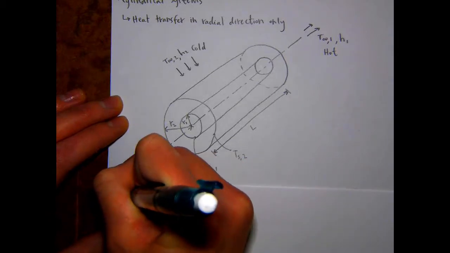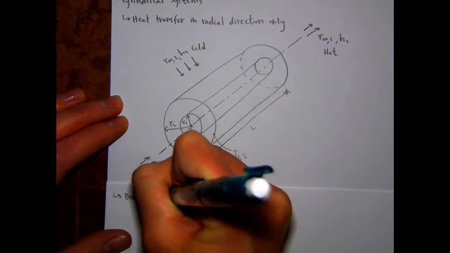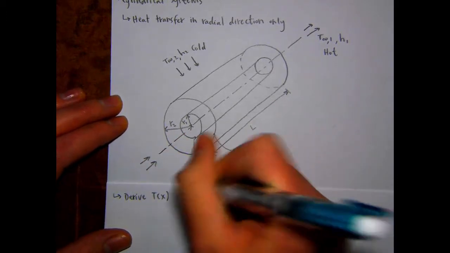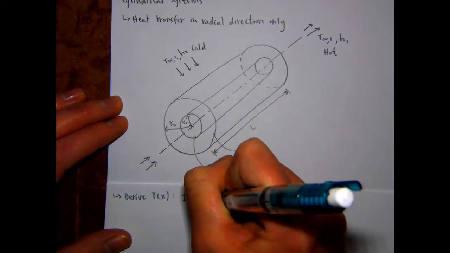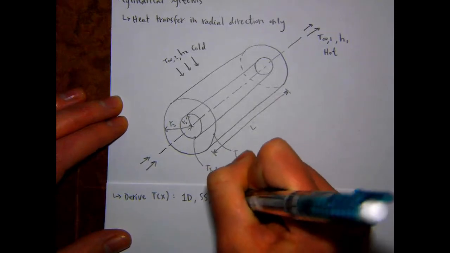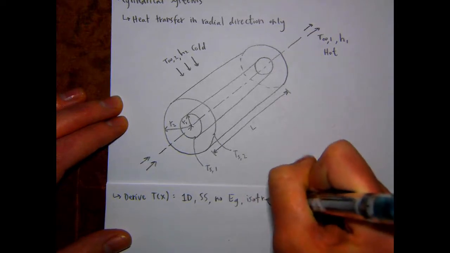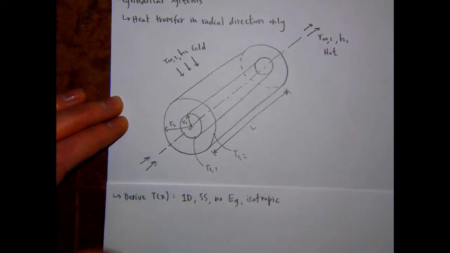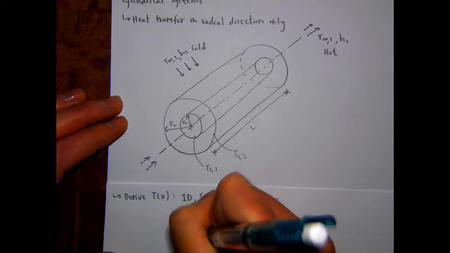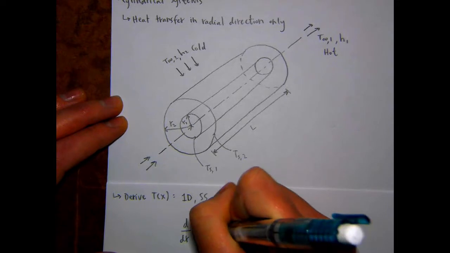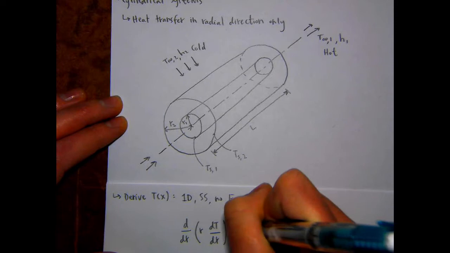We're saying it's one-dimensional heat transfer. So we're going to first derive the temperature distribution using the heat diffusion equation. And we're going to, again, assume, like always, one-dimensional heat transfer in the radial direction this time, steady state, no energy generation, and isotropic. So under all those assumptions, you can reduce the heat diffusion equation in cylindrical coordinates to this first term equal to 0.